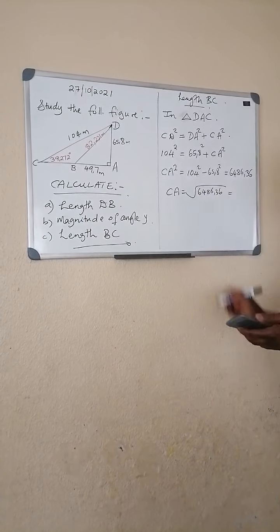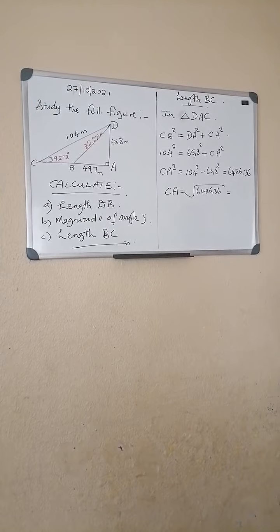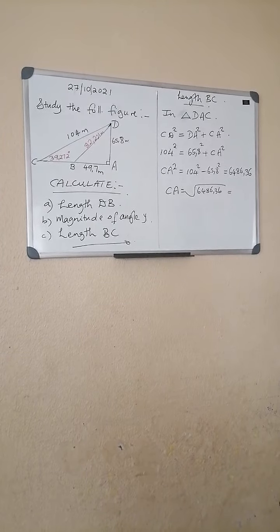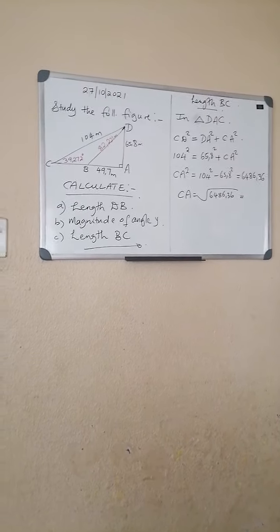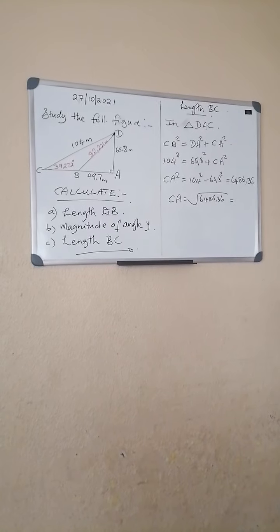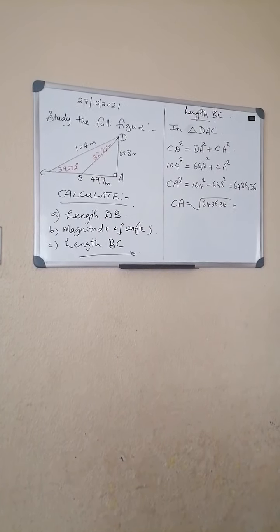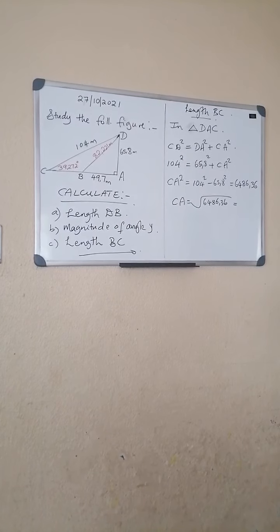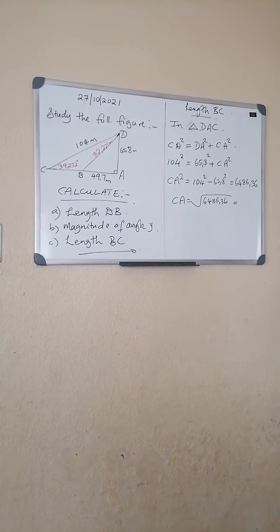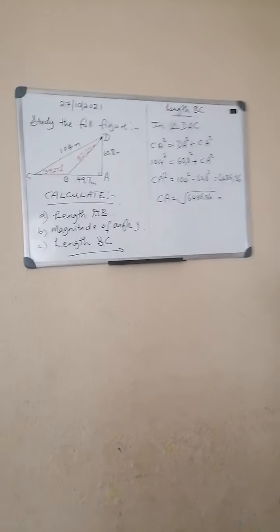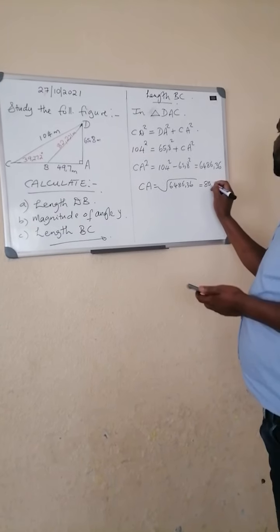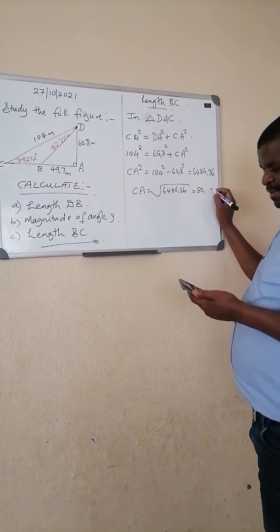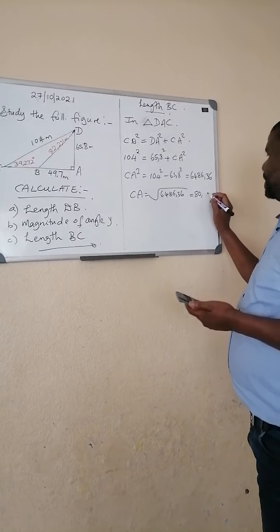Now therefore CA will be the root of 6486.36. What is that? The root of 6486.36 gives 80.538.